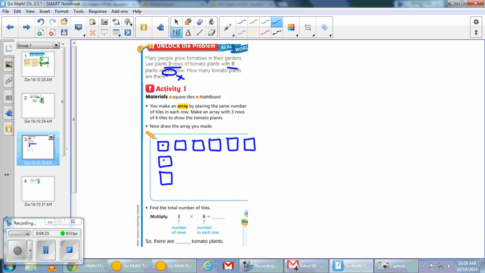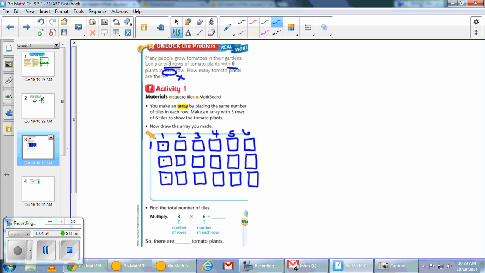Here's 1, 2, 3, 4, 5, 6. And then you already have that 1, so you're starting at 2, 3, 4, 5, and 6. I always, just to make sure I have it, do 1, 2, 3, 4, 5, 6. That'll let you know if you accidentally counted that first one twice.